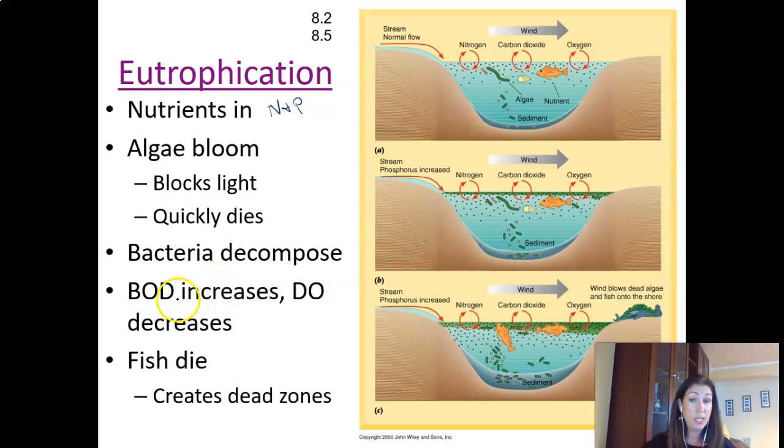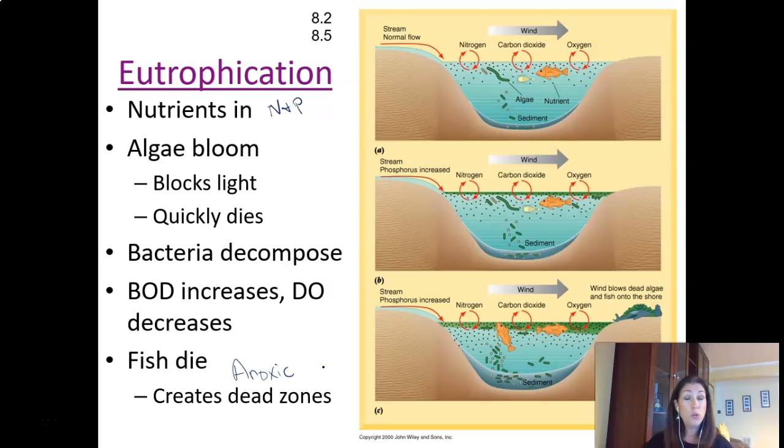That causes the BOD to increase because of that decomposition process, and that drives our DO low. And then the end result is you have your fish die. We have what's called a fish kill. And sometimes it will create dead zones. And what this means is the water might become completely anoxic, which means that it is without oxygen because the decomposition process used all of that up.